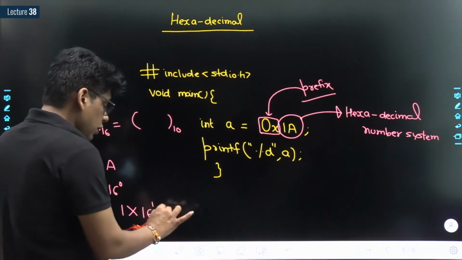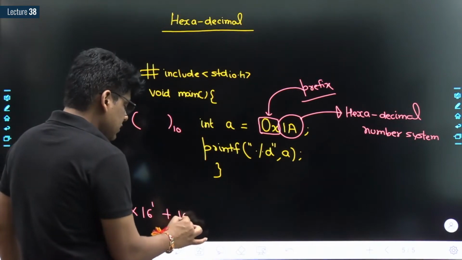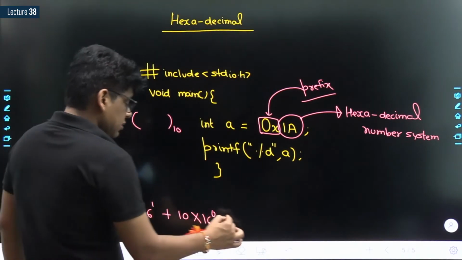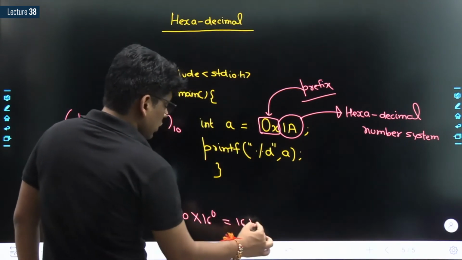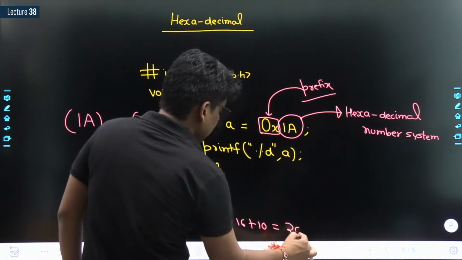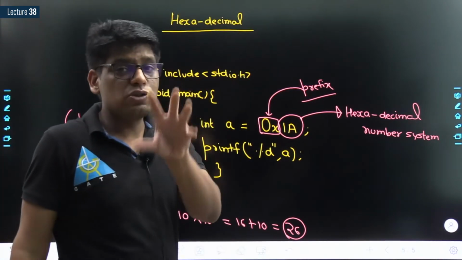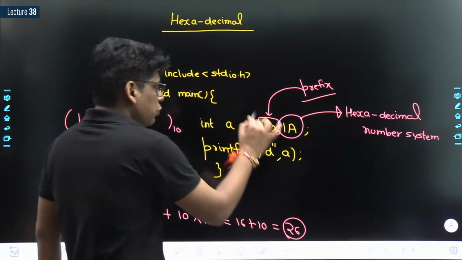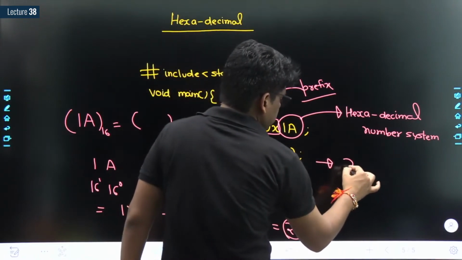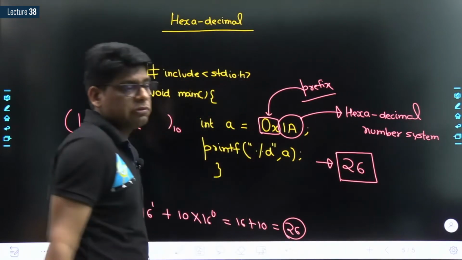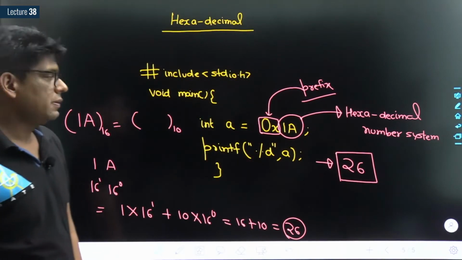That means instead of writing a, I will write 10 into 16 to the power 0. So what is the answer? 16 plus 10 into 1, that is 10, that means 26. So what is the decimal value inside a? Sir, the decimal value inside a is 26. That means what is the output of this code? The output of this code is 26.